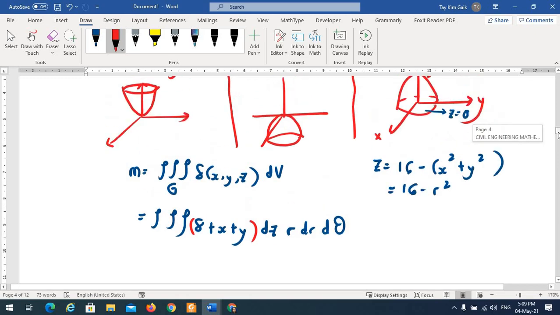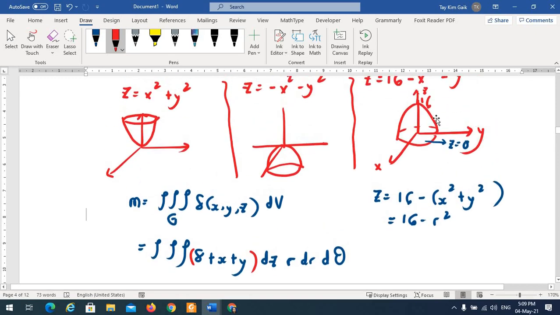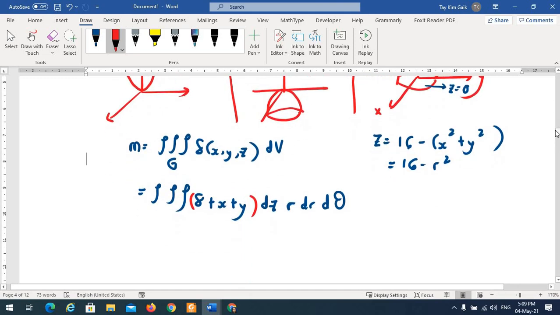The lower surface is the xy plane, which is z equals 0. The upper surface is the paraboloid, 16 minus r squared. So the limit of z is from z equals 0 until z equals 16 minus r squared.